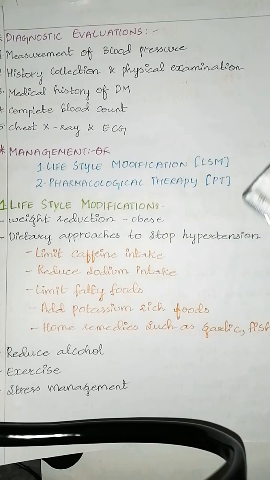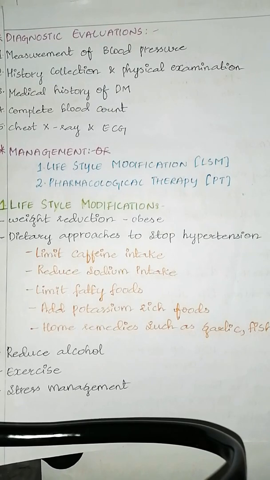So increase your potassium intake by eating more bananas, tomatoes, spinach, broccoli, mushrooms. However, if you have any kidney or renal problems, avoid this and first consult your doctor about the potassium intake.